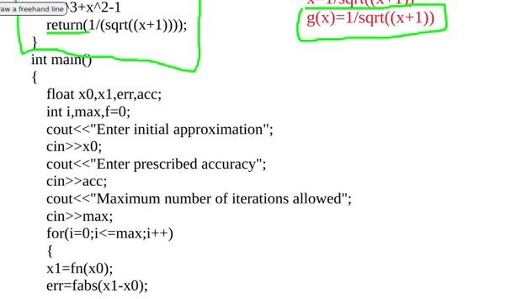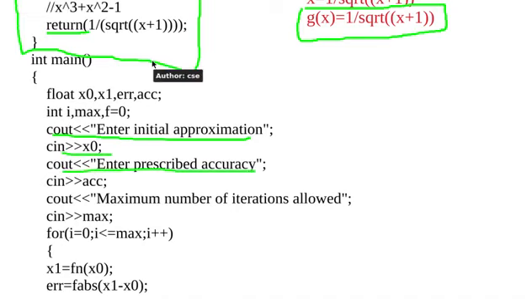Then receive the input from the user: enter the initial approximation, that is the value of x0. Then enter the prescribed accuracy. In our problem we use accuracy up to 4 decimal places. If it is up to 4 decimal places, you need to enter the accuracy as 0.0001.